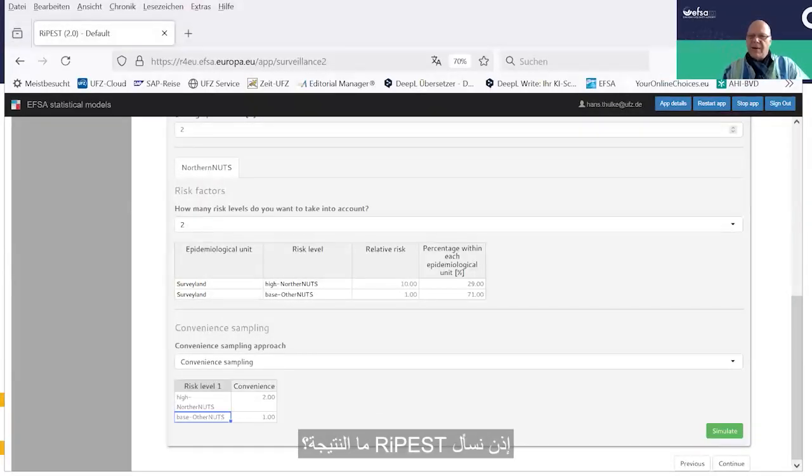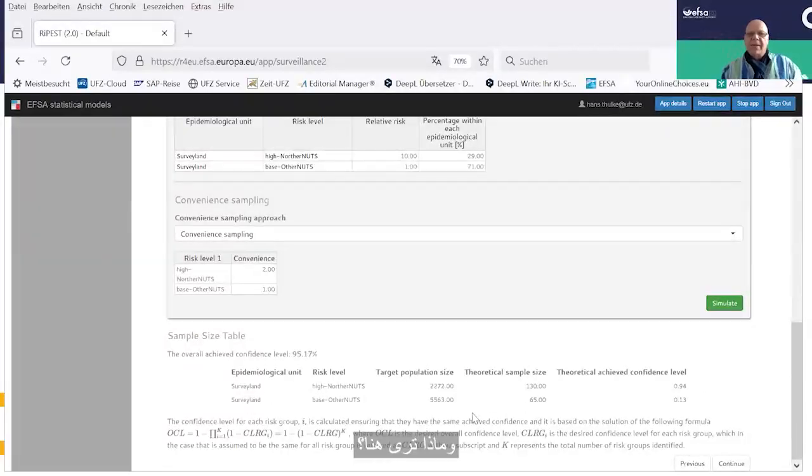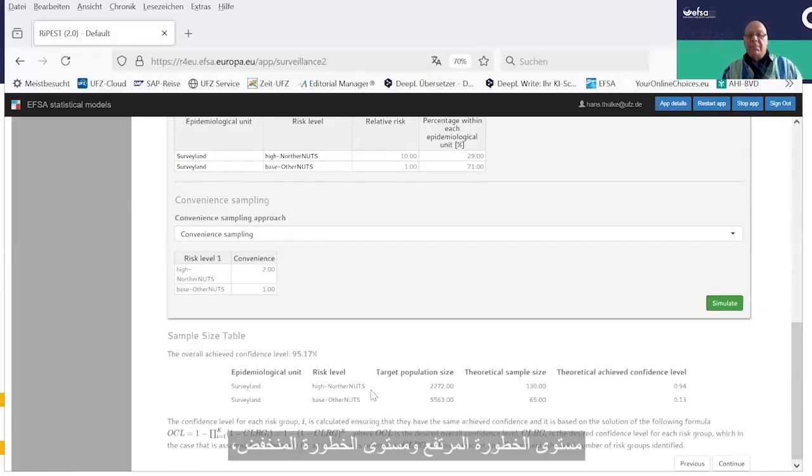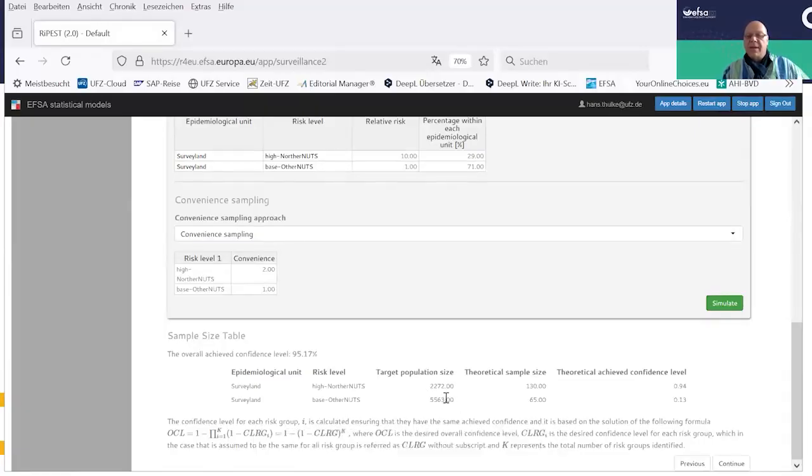So then we ask RIPES what would be the result. And what you see here, I hope you can see it. We get for the two risk levels, the high risk level and the low risk level, the target population size that falls in the particular part of Surveyland.